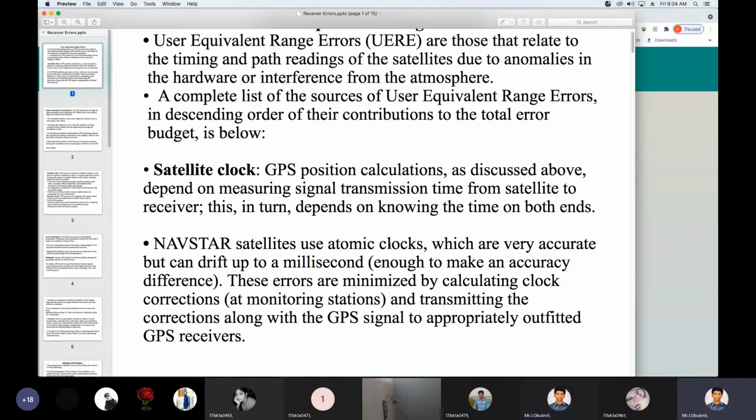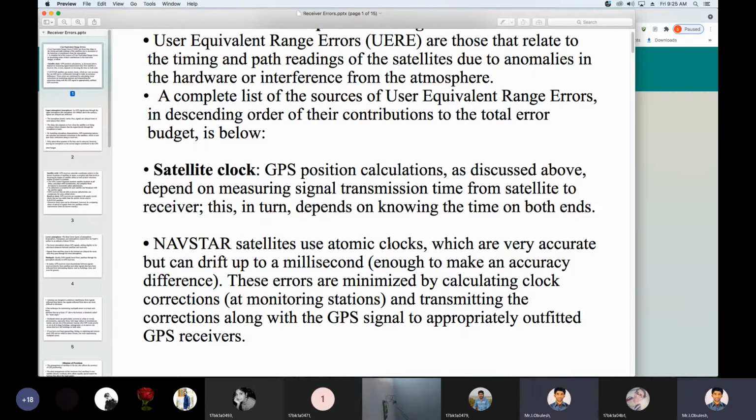How much time it requires for transmitting the signal from the GPS transmitter to the GPS receiver, and how much time it requires for receiving the signal from satellite to receiver. So the satellite clock value depends on knowing the time on both ends.